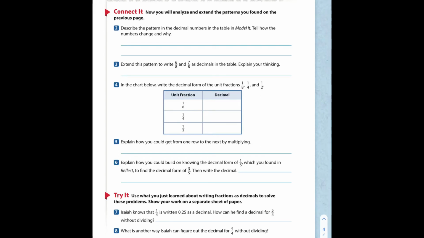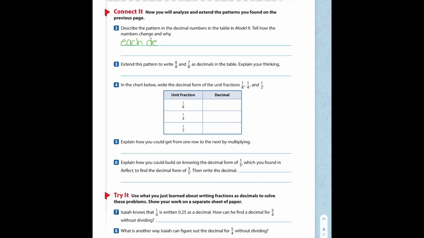So if you notice on the fractions, the numerator is going up by 1 each time: 1/8, 2/8, 3/8, and so on. Well, if you look at your decimal values and how those go up, each decimal goes up by 0.125 each time.